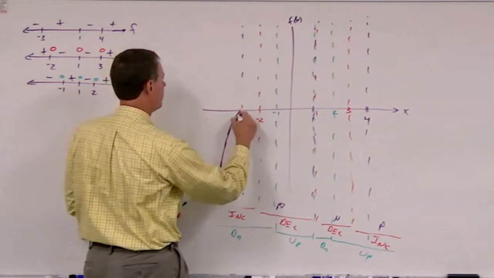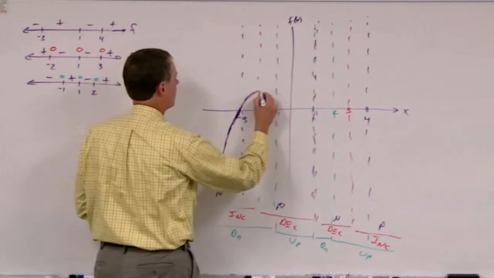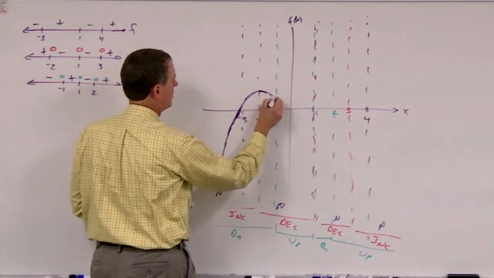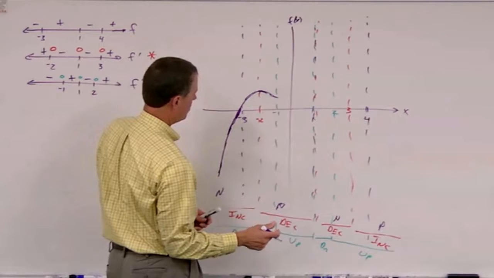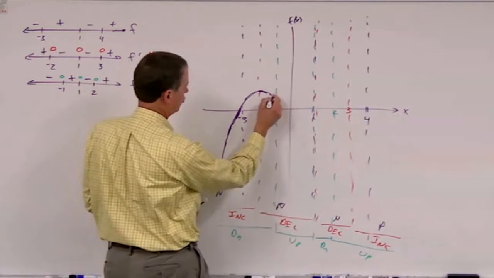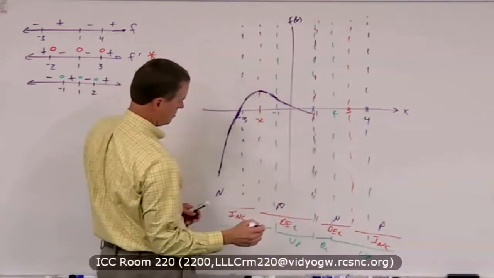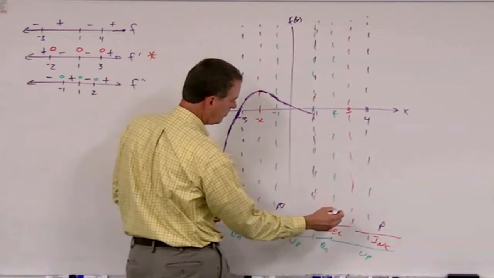Let's go more steeply up. I have to stay concave down, then turn the concavity up. Then we get a zero slope.